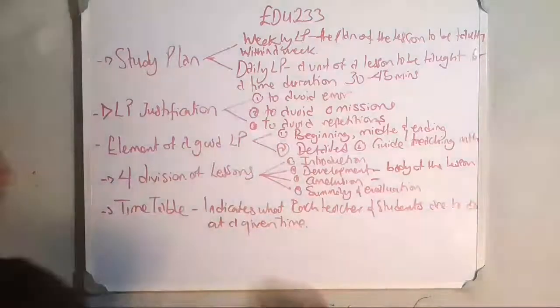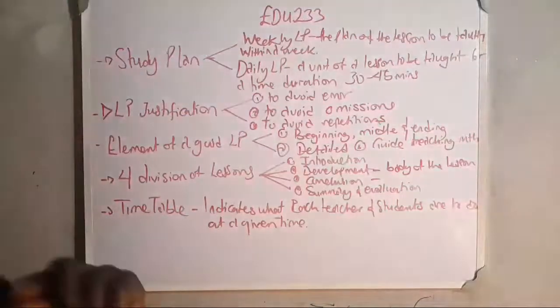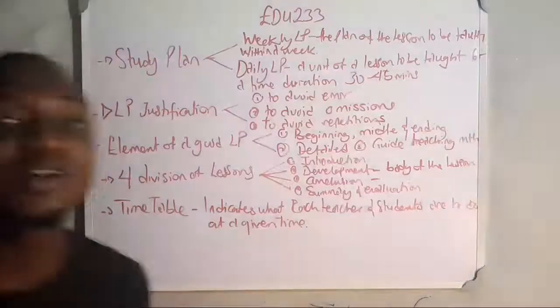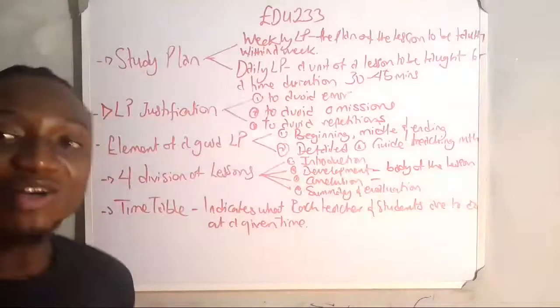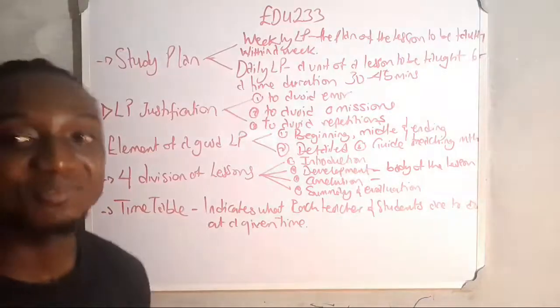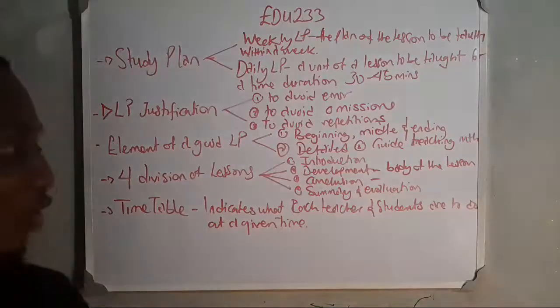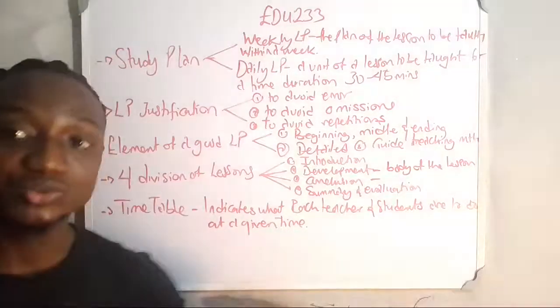It specifies what the teacher is to do at a given time, and the student too, because the way it affects the teacher, it also affects the student. If a teacher is expected to have a class at a certain time, the students are also expected to be in the class before that time, composed and waiting for the teacher's arrival. So it's a two-way thing. It affects both the teacher and the students.